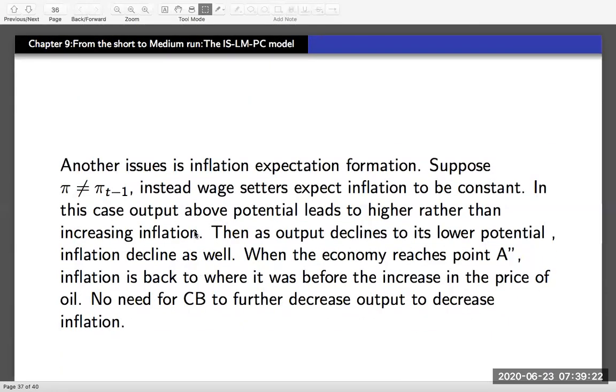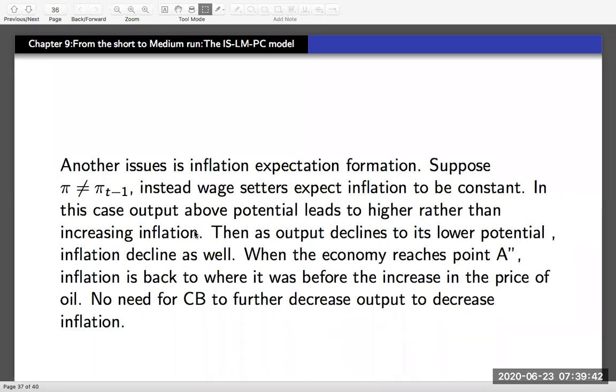Another issue is inflation expectation formation. Suppose wage setters expect inflation to be constant instead of equal to last year's inflation. In this case, output above potential leads to higher, rather than increasing, inflation. Then as output declines to its lower potential, inflation declines as well.